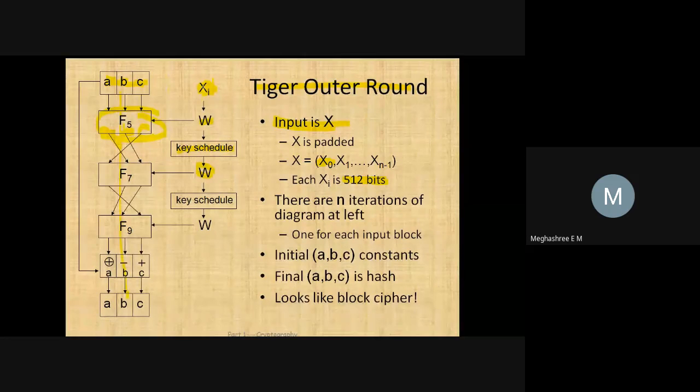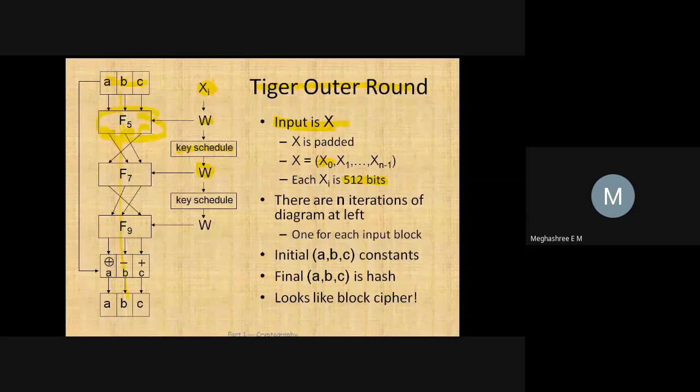This is fed as input to this hash function along with the w, as we discussed in the last slide of this topic. This xi is divided into 3 blocks A, B, C, each of 64 bits.